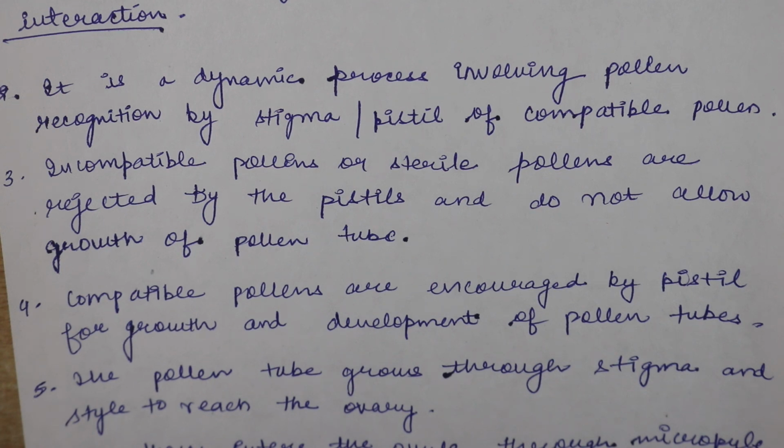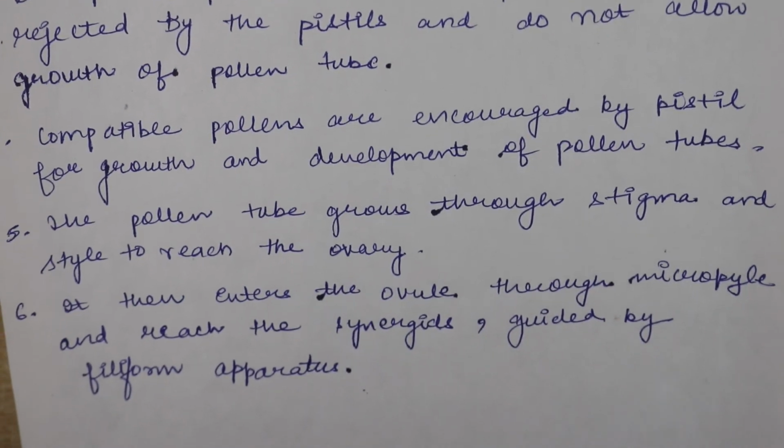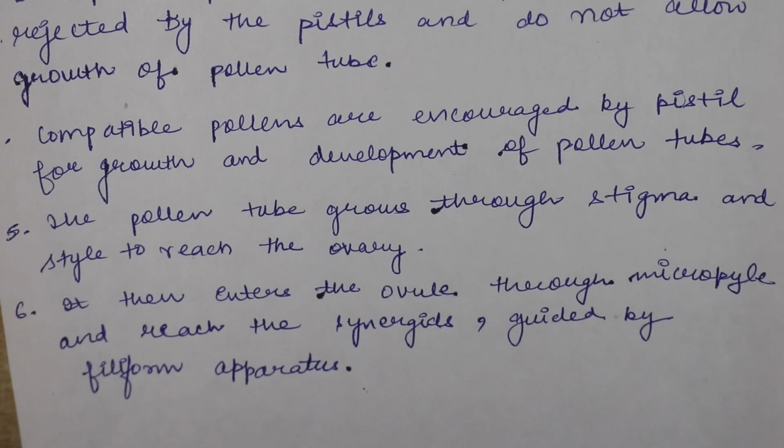Compatible pollens are encouraged by the pistil for growth and development of pollen tubes. The pollen tube grows through stigma and style to reach the ovary. It then enters the ovule through micropyle and reaches the synergids guided by filiform apparatus.